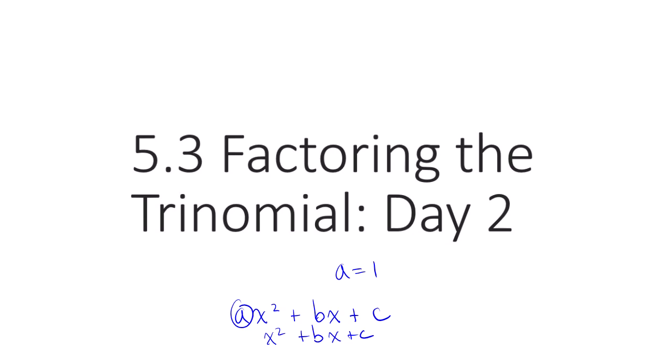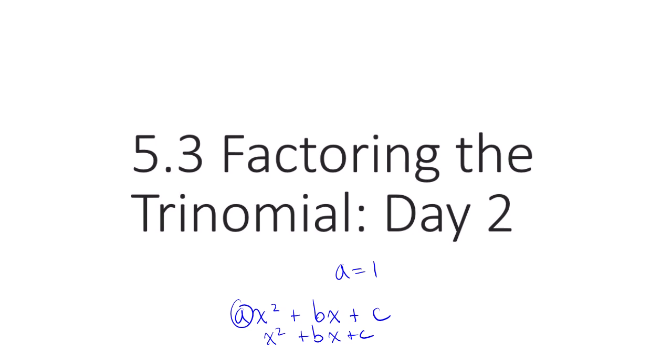If you forget those rules, just FOIL. This times this needs to equal negative 24s squared. Positive times a negative equals a negative. And when we do our outer, inner, that's how we get the x s terms. x times negative 8s is going to be negative 8xs, and 3s times x is going to be positive 3xs.